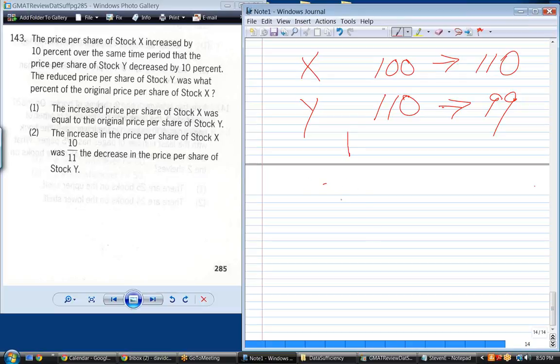Do these numbers fit statement 2? What was the increase in price per share of stock X? $10, right, with these numbers? Yeah. What was the decrease in stock Y? 11.